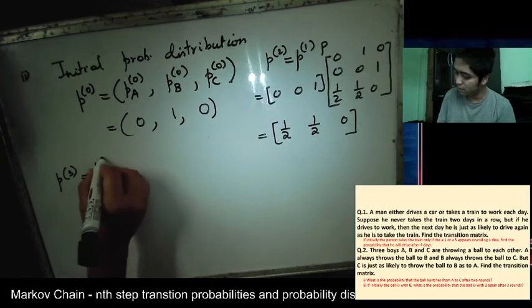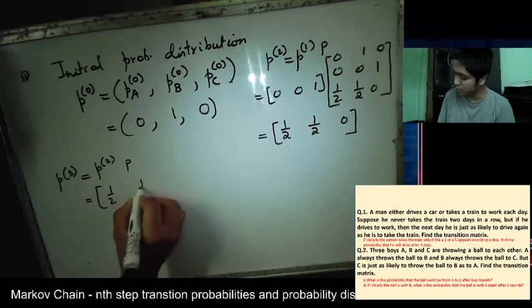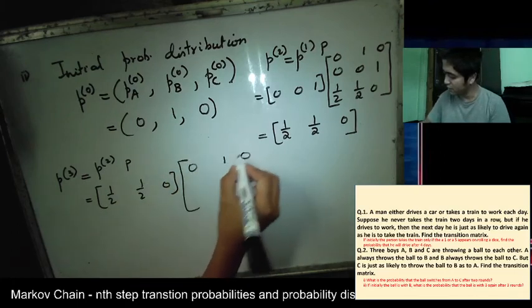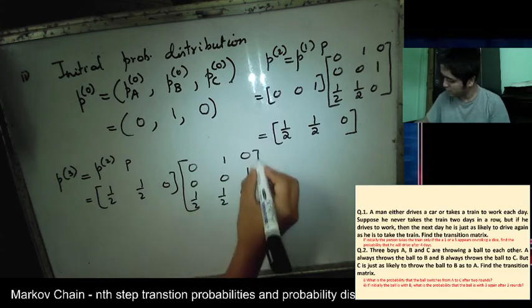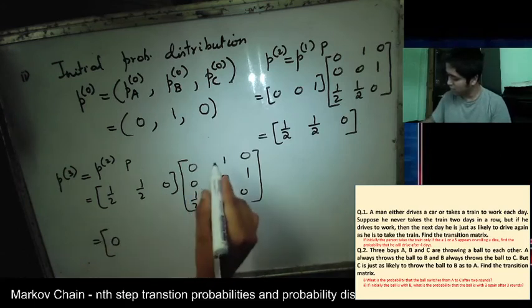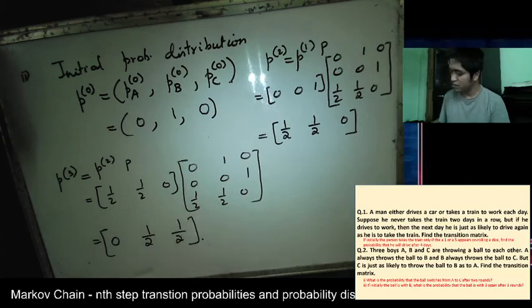It will be P2 times P, which is 1 by 2, 1 by 2, 0 times the matrix. So how much will it be? 0, 1 by 2, 1 by 2. So this is the probability.